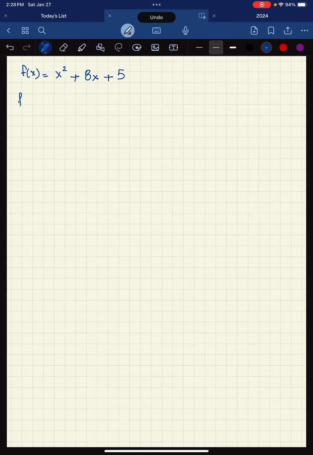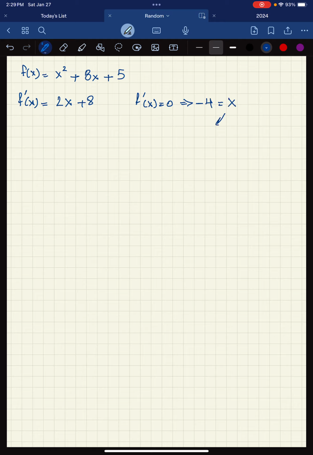First, we could calculate the derivative of f of x, which is 2x plus 8. And if we set it equal to 0, this gives us the root for f prime, which is minus 4 for x.